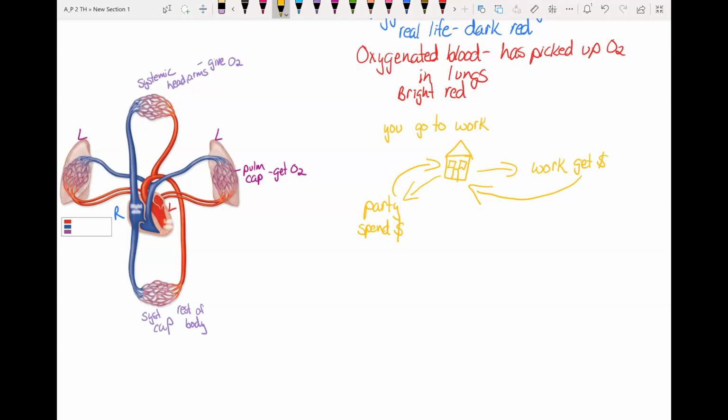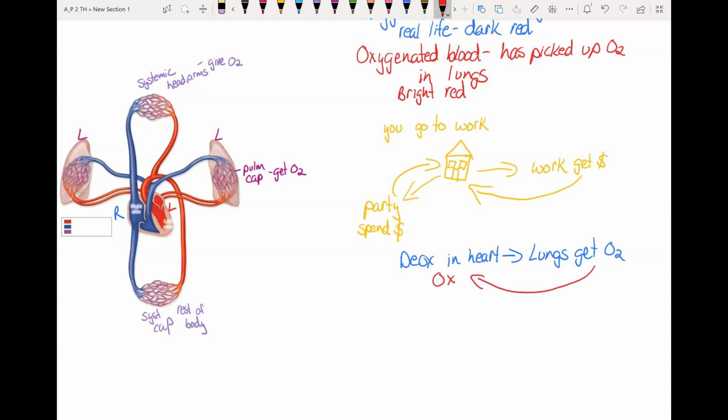That's the idea with blood flow through the heart. You have deoxygenated blood in your heart. It goes to the lungs and it gets oxygen. Then it comes back to the heart as oxygenated.